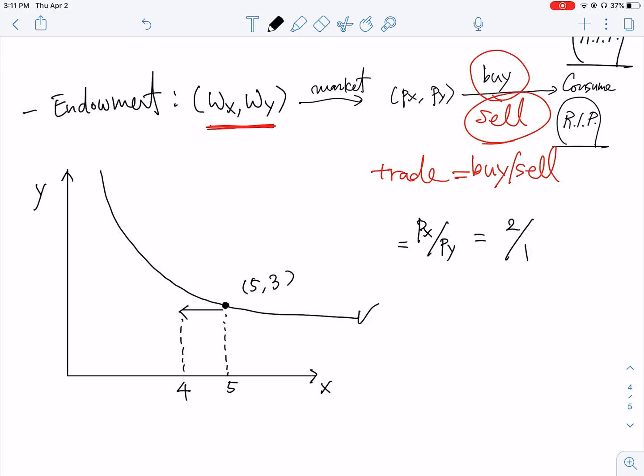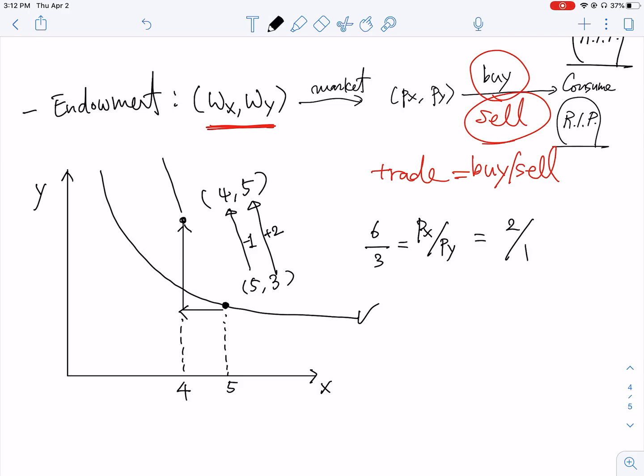For example, maybe this is $6 and $3. If you sell 1 unit of X, you can buy 2 units of Y. So this point will be (4, 5). So a 1 unit reduction in X means a 2 unit increase in Y.